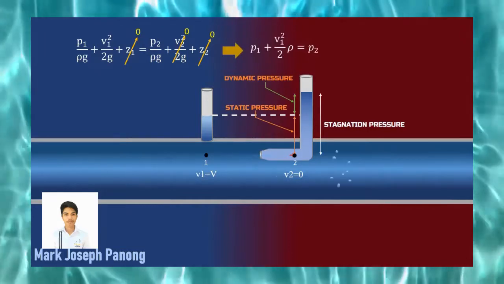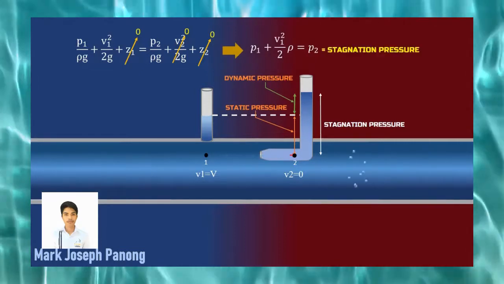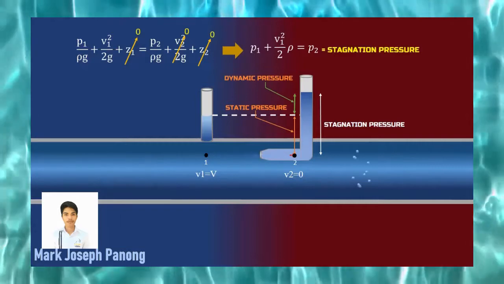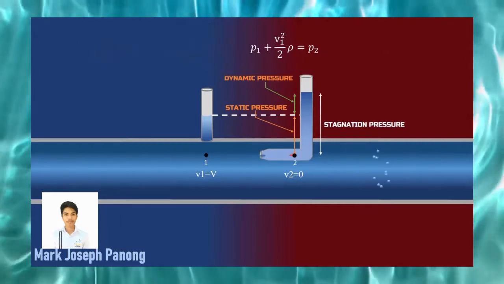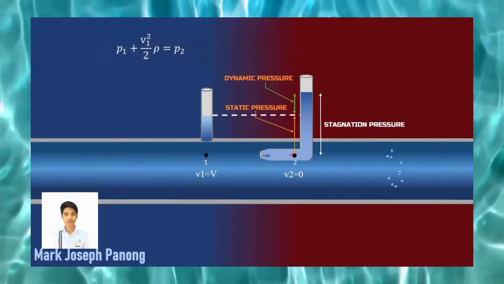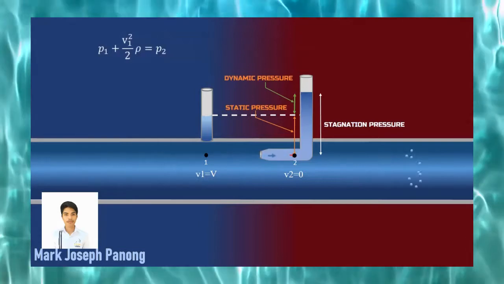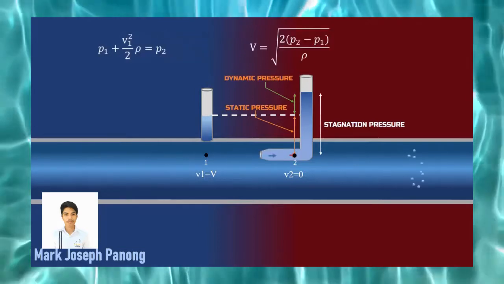Now, if we rearrange the equation, we get this form. Here, P2 is the stagnation pressure while P1 is the static pressure, and V1 squared over 2 times rho is the dynamic pressure. We can see from this equation that we can get the velocity of the fluid.